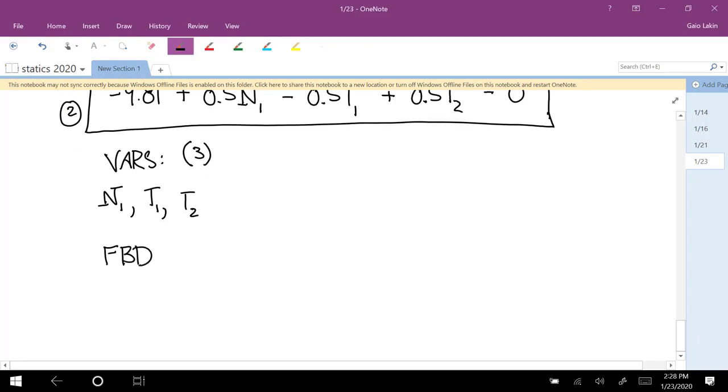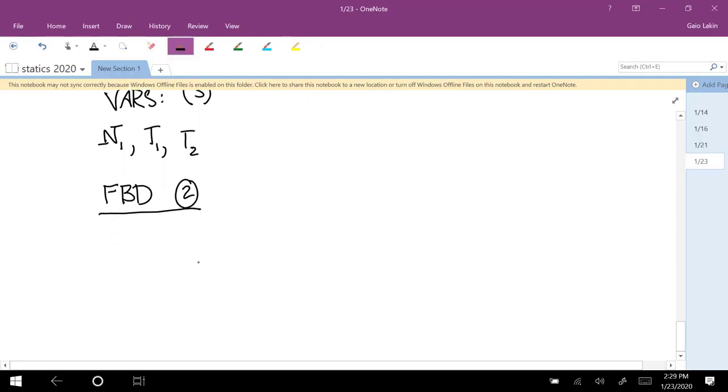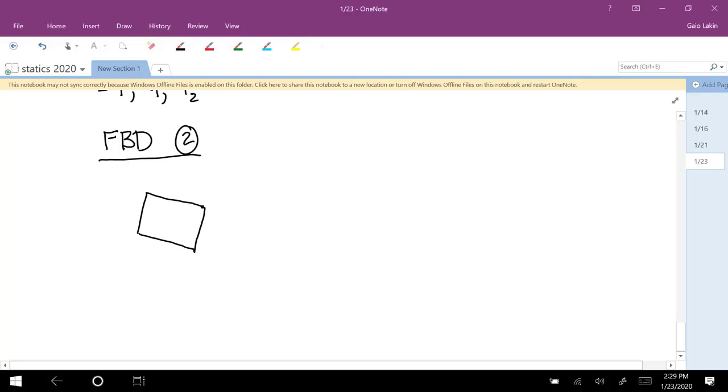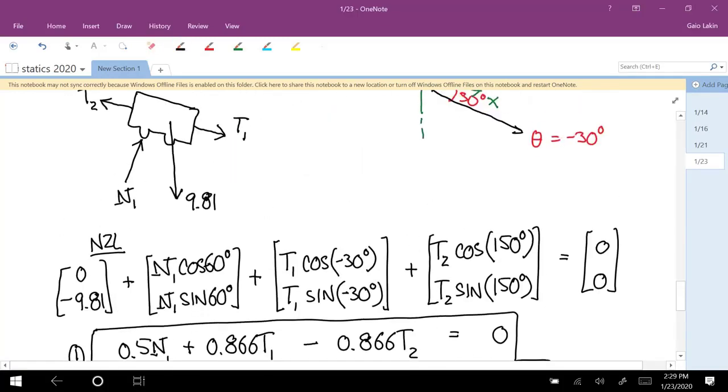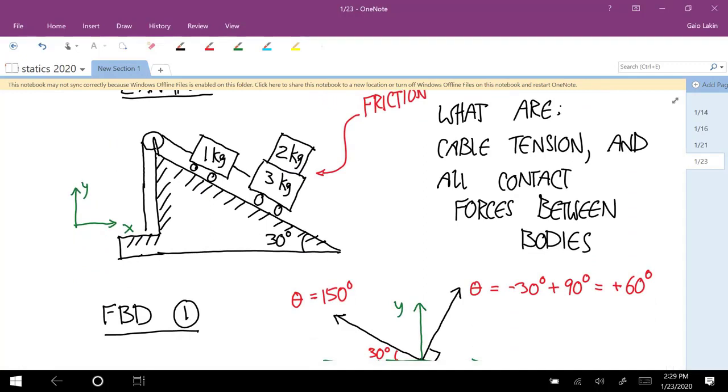Okay, so a free body diagram of the 2 kilogram. All right, well, there's a weight force. It's 2 kilograms, so 2 times 9.81 is 19.62. And now we're going around the boundary of the 2 kilogram, looking for where the boundary makes contact with the surroundings.